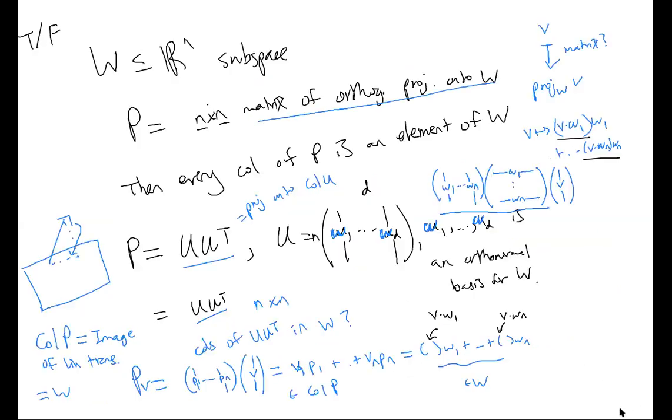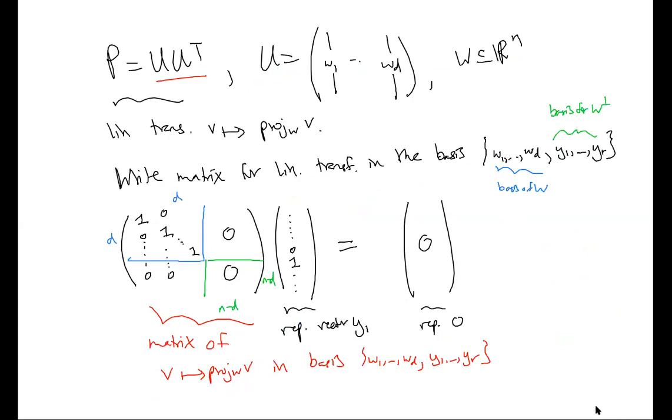Okay. Can I talk about nullity of P? Yeah, I mean, that actually just leads to the next topic, which is all this dimension of column space, null space. So we have some things here.